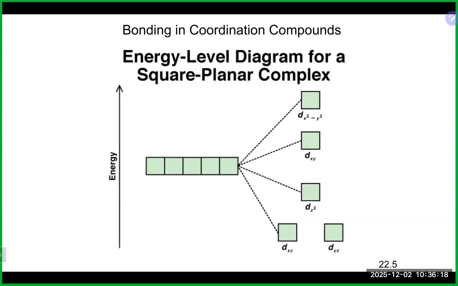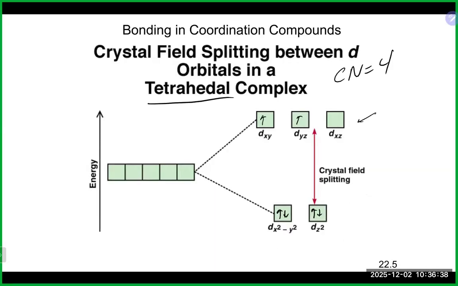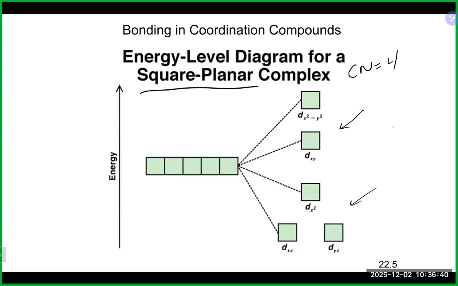Now you can see this is also a coordination number of 4, and this though is the square planar. And it gets a little crazy in here in terms of all the different splittings, but again, you get some lower ones and higher ones happening, and they would be filled accordingly. So for us, you will not be responsible for this one because it's kind of crazy, so we won't worry about it.